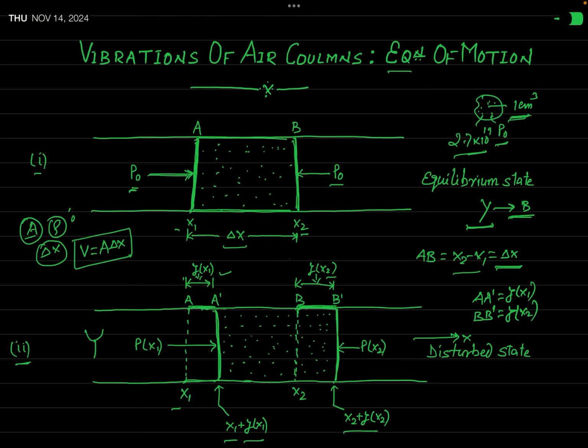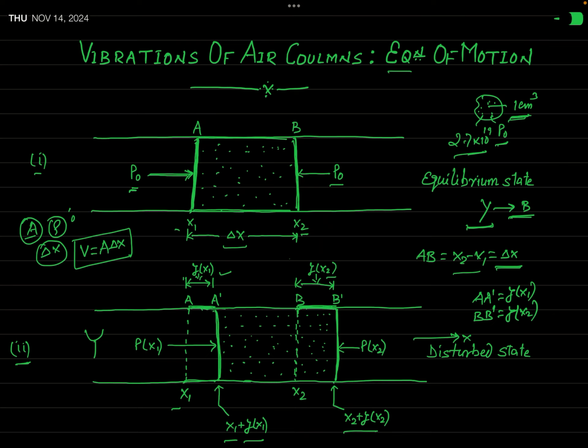And when length increases, as the cross-sectional area remains constant, the volume of this element will also increase. So after finding the increase in volume, we will be able to find the volume strain, and after getting the volume strain, we will be able to find the excess pressure acting on this element.